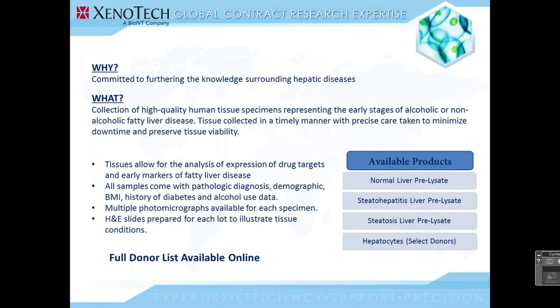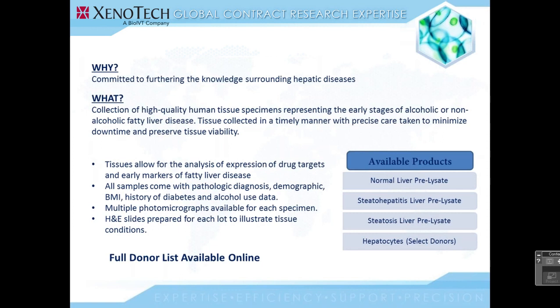We have 4 available products currently in our research biobank, consisting of normal donor liver prelysate, as well as donors diagnosed with steatohepatitis, steatosis, and we also have hepatocytes from select donors within our biobank with these diagnoses.